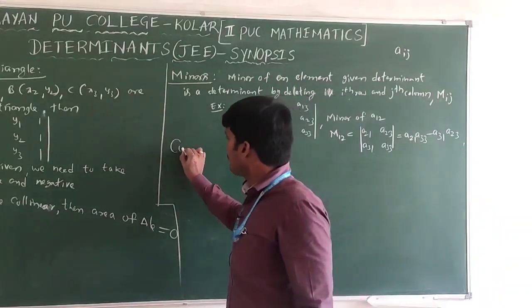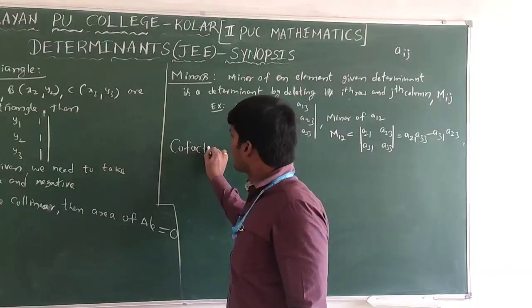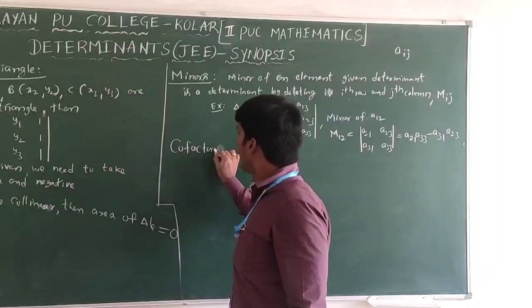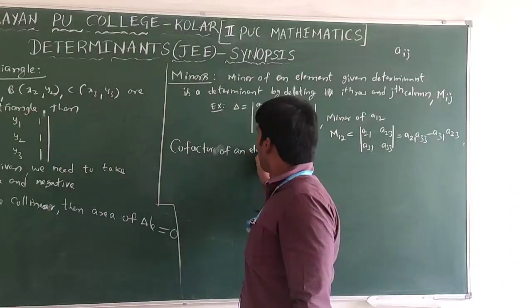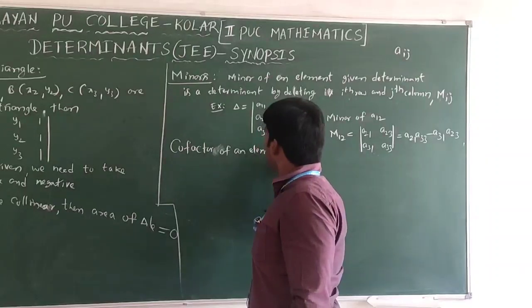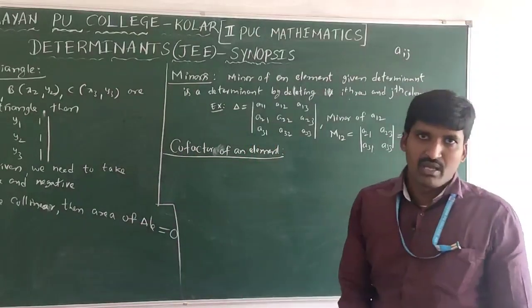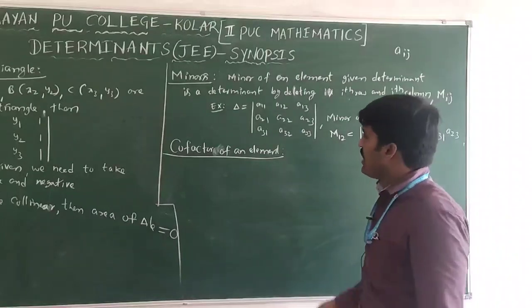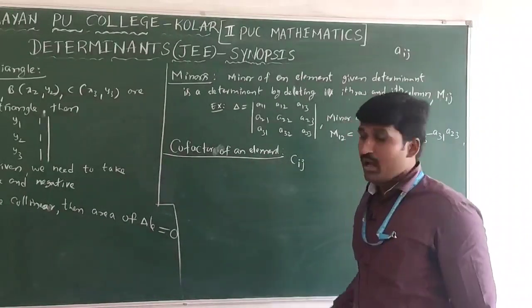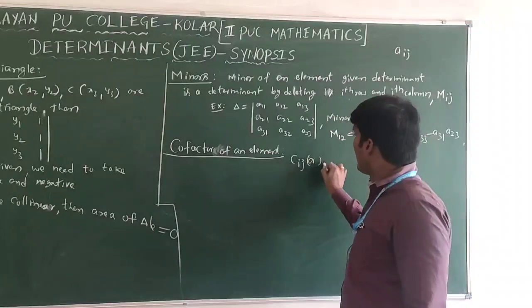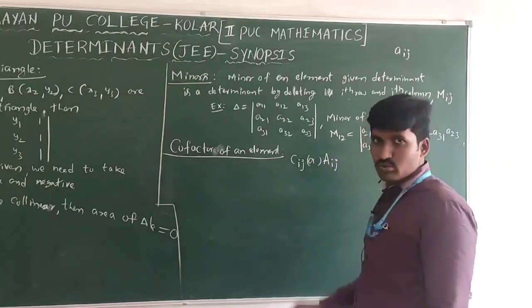Next, cofactor of an element. How to find cofactor of an element? Cofactor of an element is denoted by Cij, or sometimes they use capital Aij also.